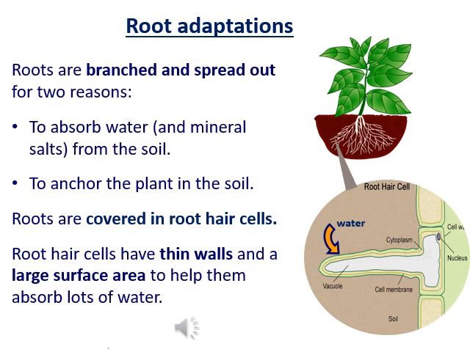If we remember from the last slide, water is being used for photosynthesis, which is where the plant is making energy for itself. So roots are really adapted to absorb as much water as possible because they have root hair cells, which have thin walls and a large surface area.